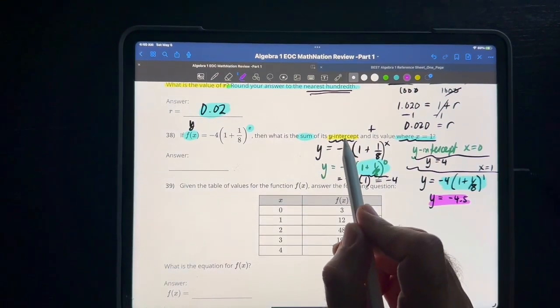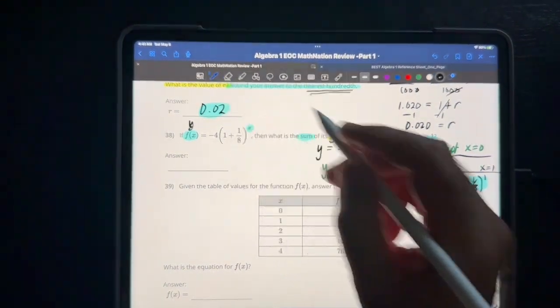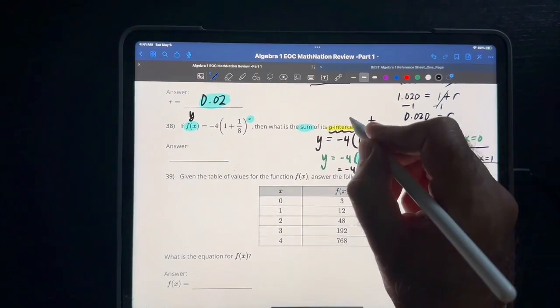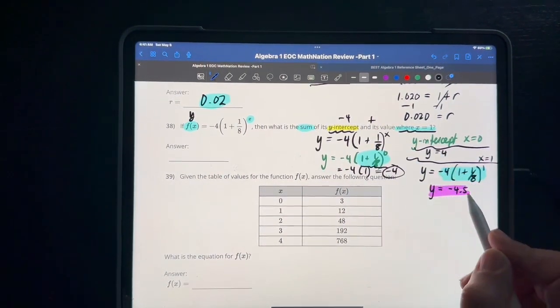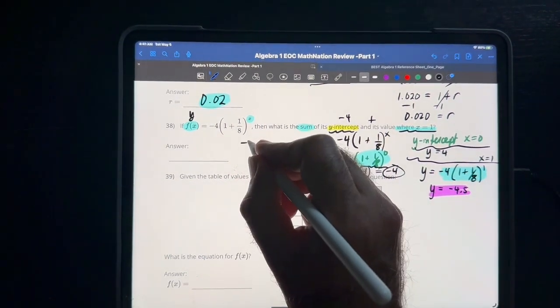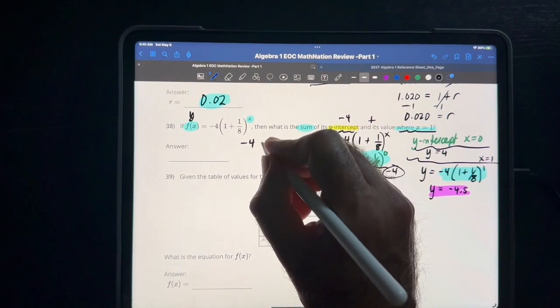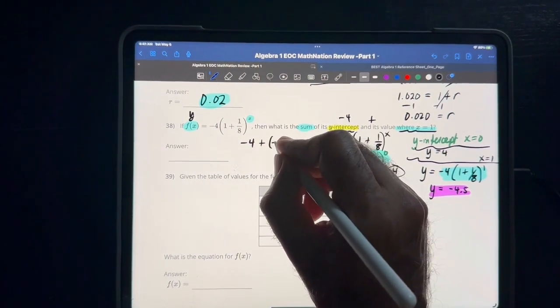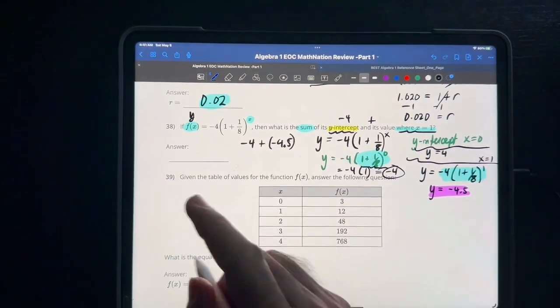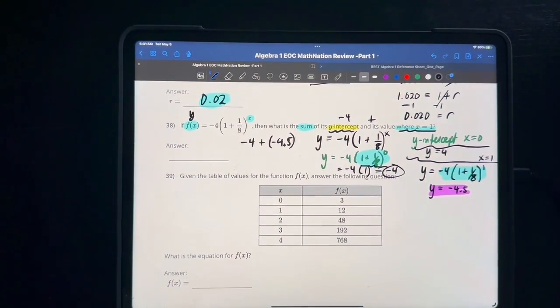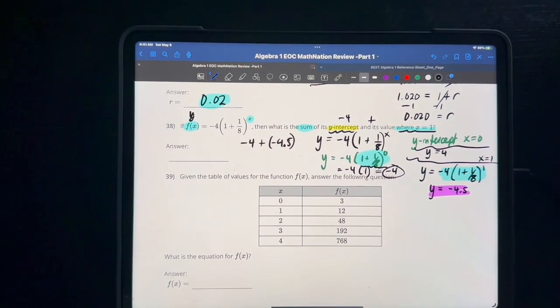So you're going to add your y-intercept, which was -4, to the value when x is 1, which is -4.5. So basically, this becomes -4 plus -4.5.